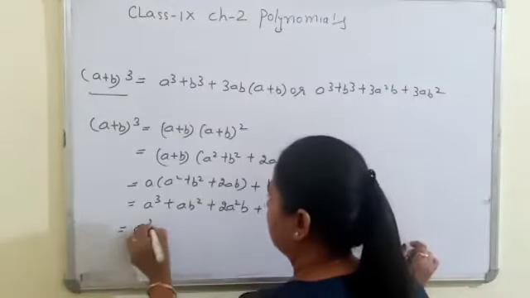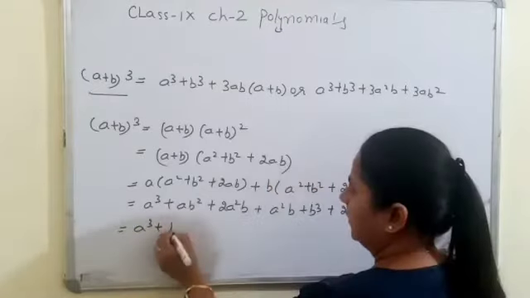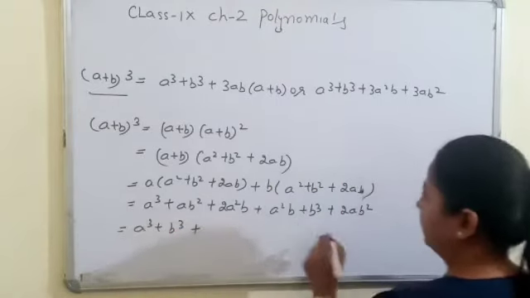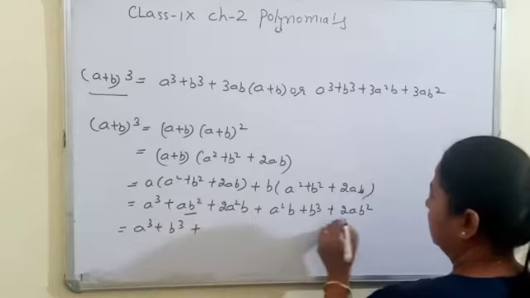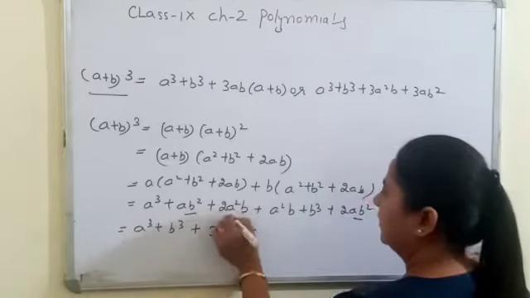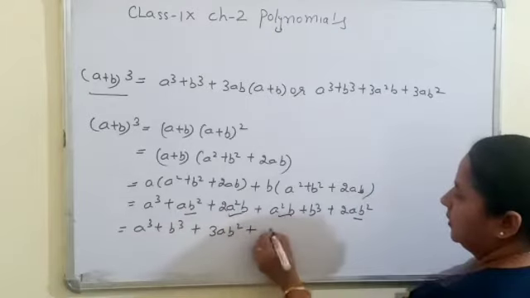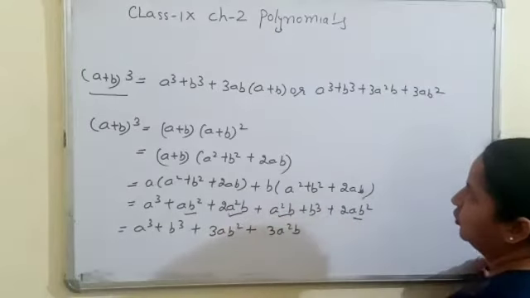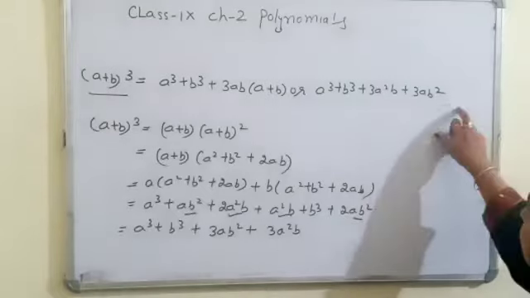Now a cube plus b cube plus ab square plus 2ab square, that is 3ab square, and a square b plus 2a square b, that is 3a square b. Now you can see the result and verify it.